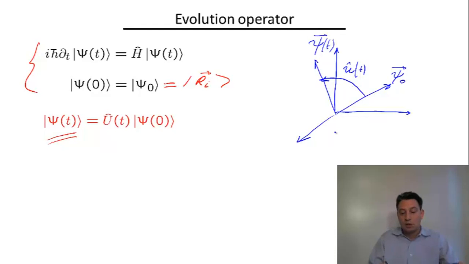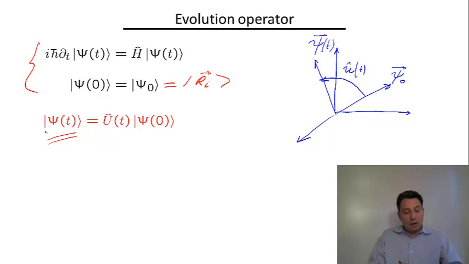Here I'm just trying to represent this in an intuitive way. In general, for a generic quantum mechanical problem, there is no way to draw it because we have an infinitely dimensional Hilbert space. But still, at some level, this picture is preserved. So this evolution operator rotates a normalized state which describes a particle to a different state which describes the same particle.